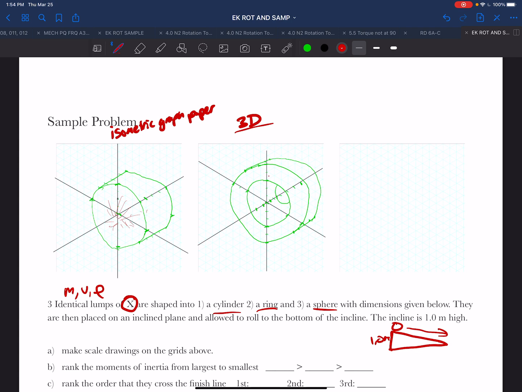You can see in this case that many of the particles in the ring are farther than any of the particles in the cylinder, and those with the closest distance inside the cylinder don't exist in the ring. So clearly this has a greater moment of inertia than the cylinder.